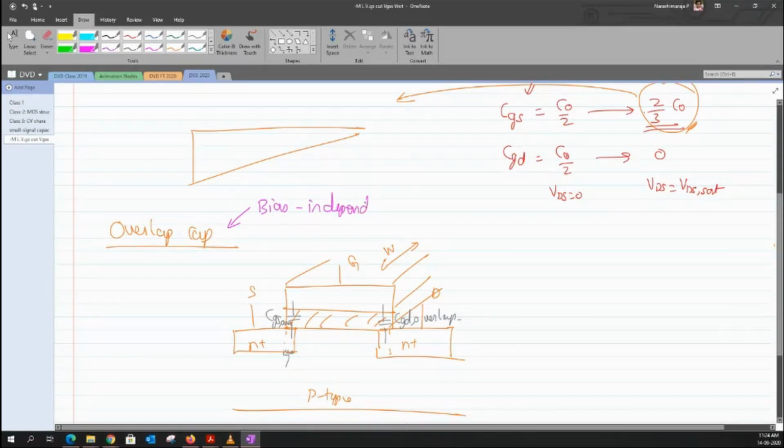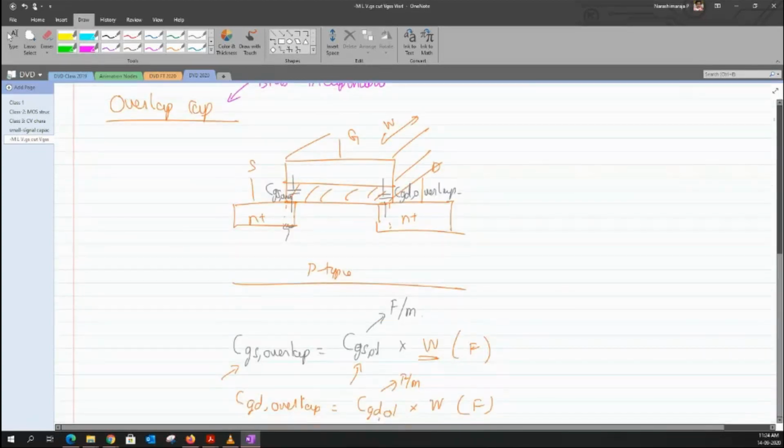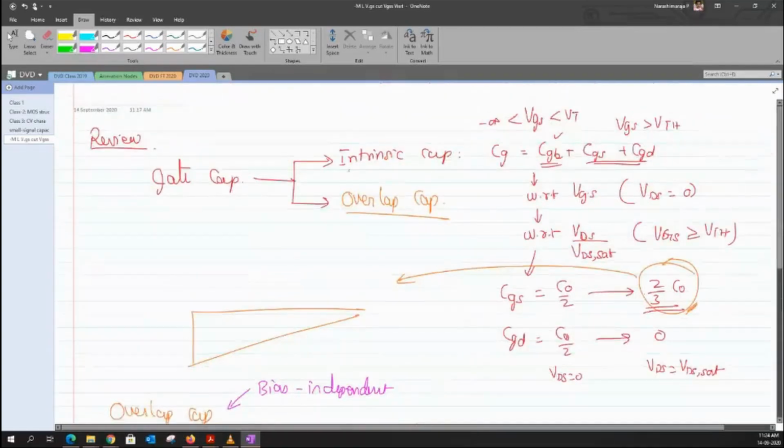Now, what does it mean by bias independent capacitance? Whatever the gate or source potential that I have, this capacitance will not get modified. But when I see the intrinsic capacitance, it is a bias dependent capacitance, which we discussed when we varied VGS.